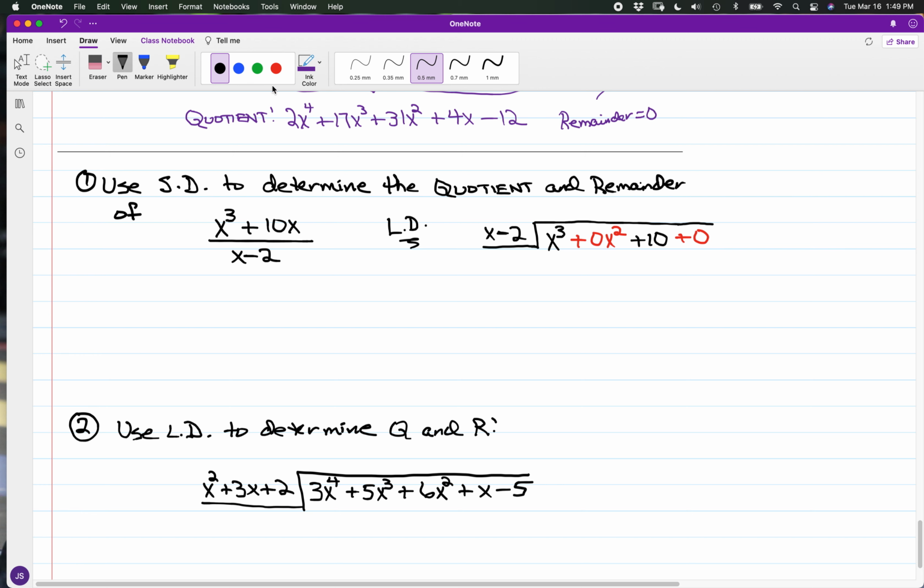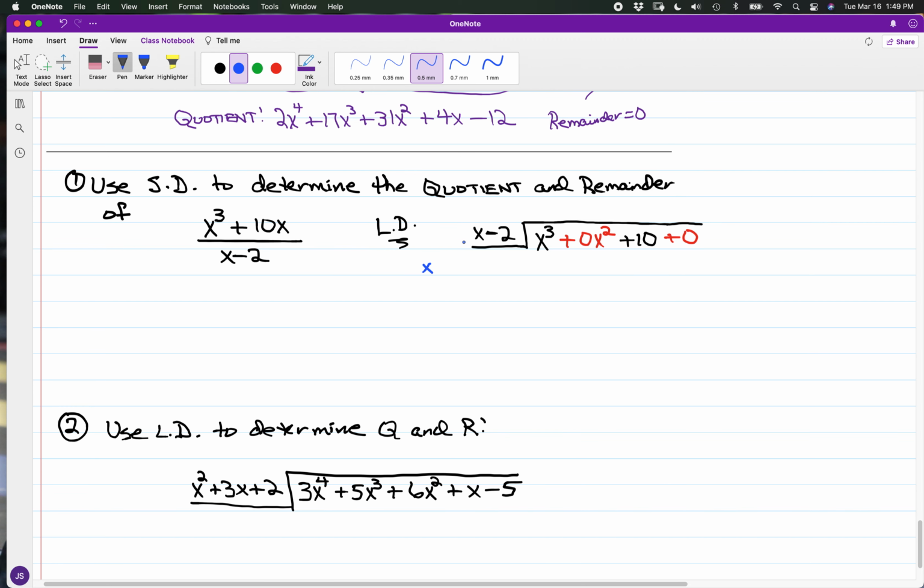Now, formatting in terms of synthetic division: the divisor is x minus 2. If x minus 2 is 0, then the zero value is at 2, so I have x equal to 2.